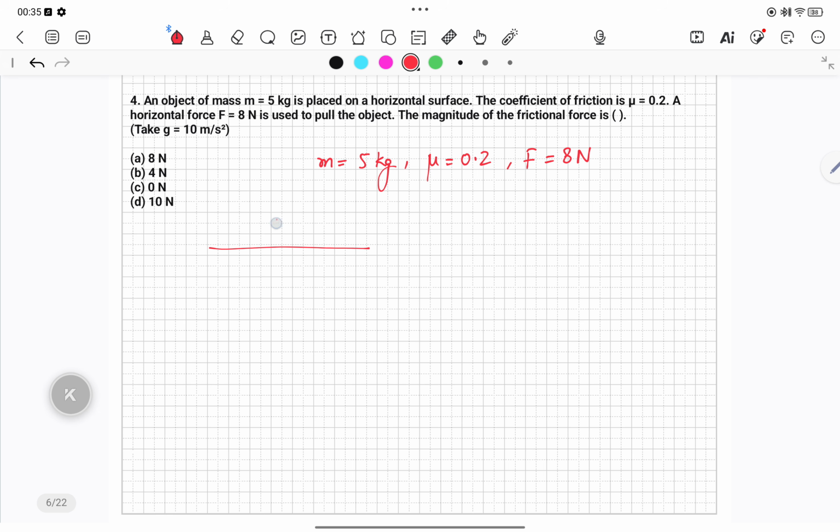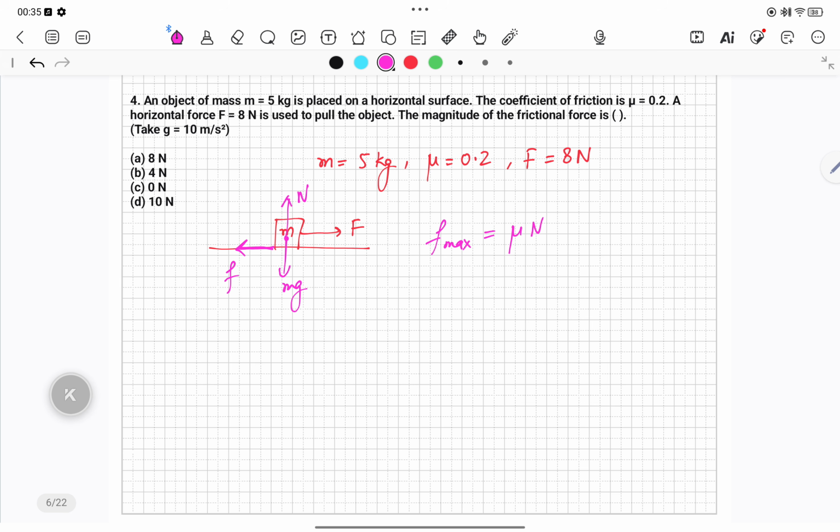Suppose this is the object of mass m and we are applying a force. So the friction force will be opposite to the applied force, and we know that the maximum friction force is equal to mu times N, where N is the normal reaction. So this will be the normal reaction and this will be mg, which acts in the downward direction.